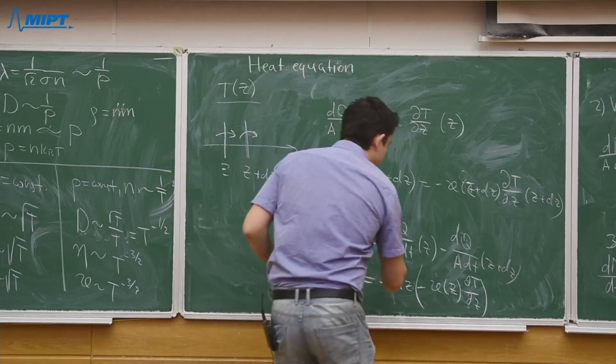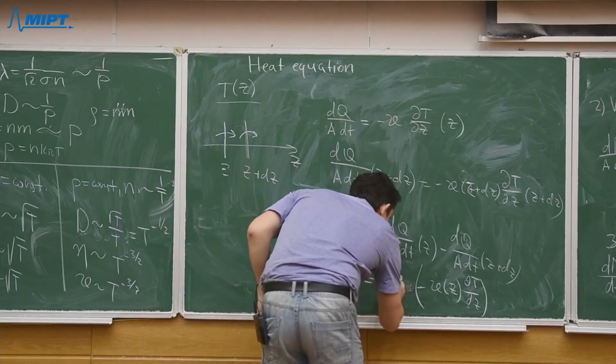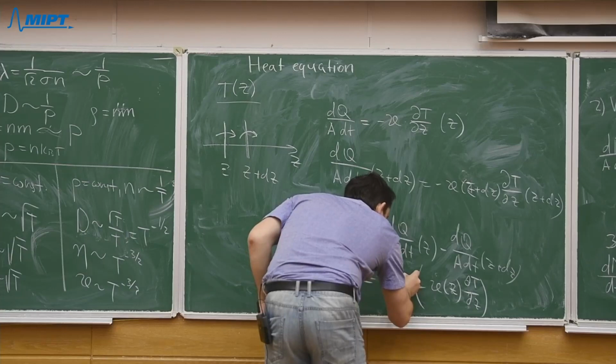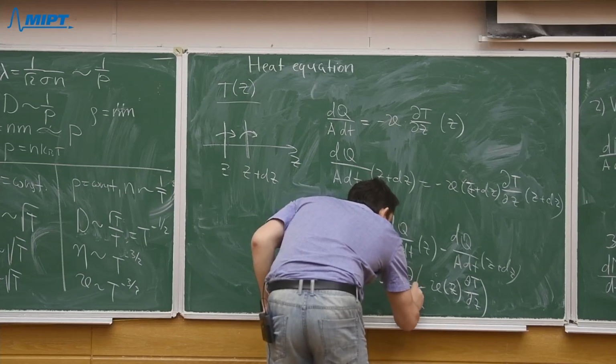Okay, and this is dz multiplied by the partial derivative of this over z.